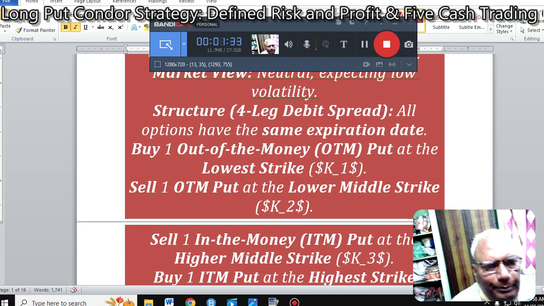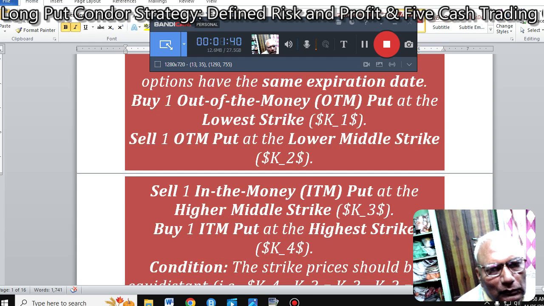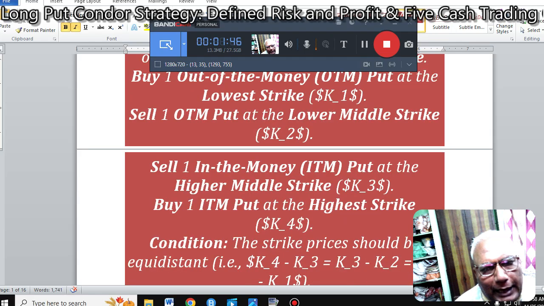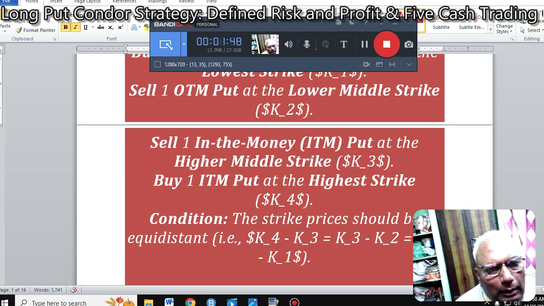Sell 1 OTM put at the lower middle strike. Sell 1 in-the-money put at the higher middle strike. Buy 1 ITM put at the highest strike price.